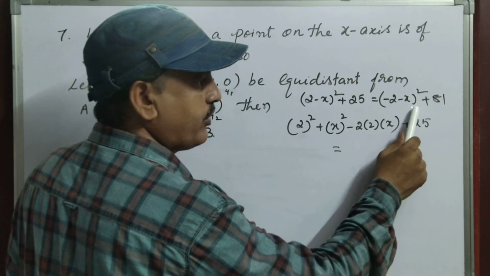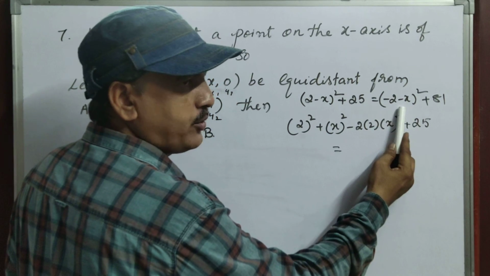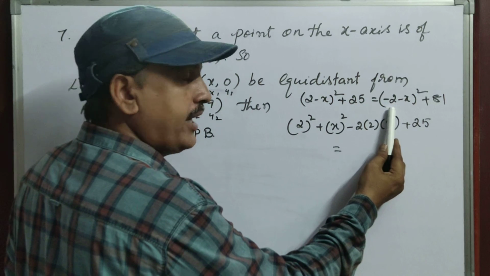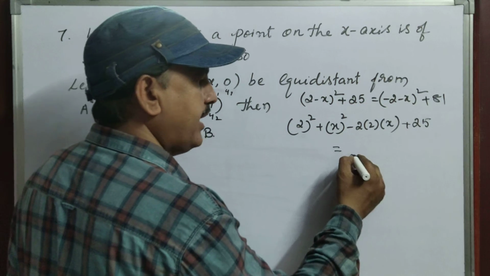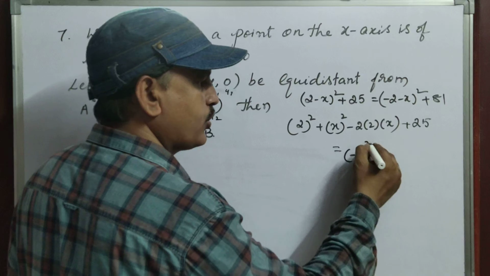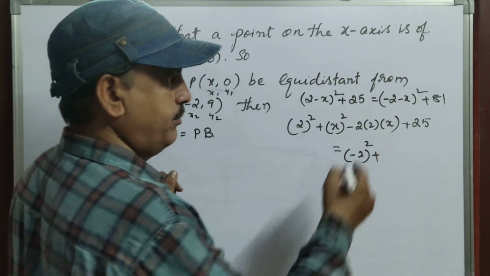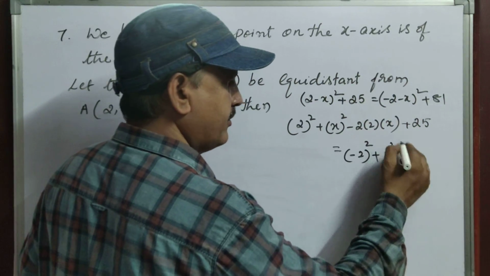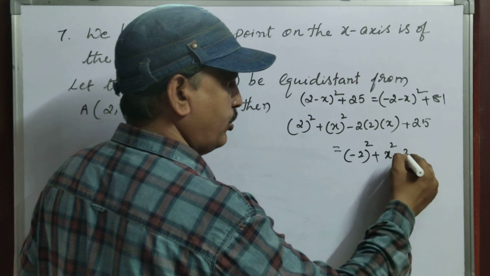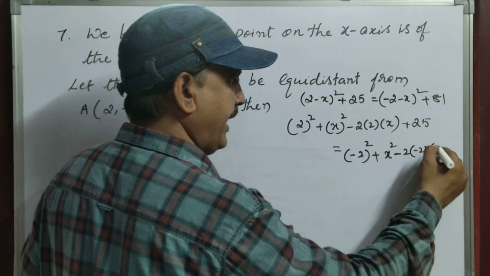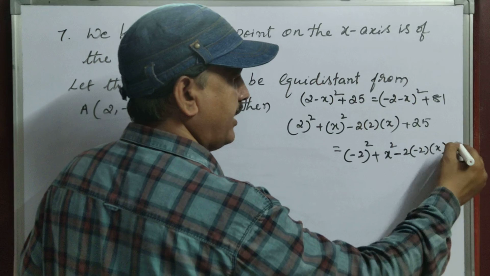That means a square is minus 2 square, plus b square means x square, minus 2 into x, plus 81.